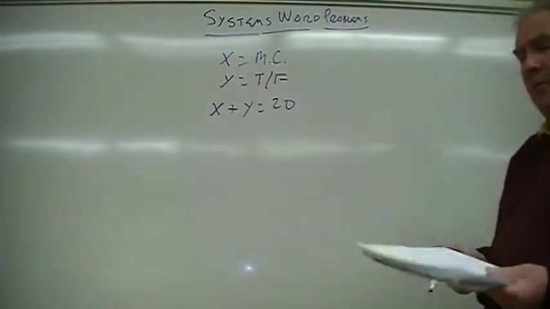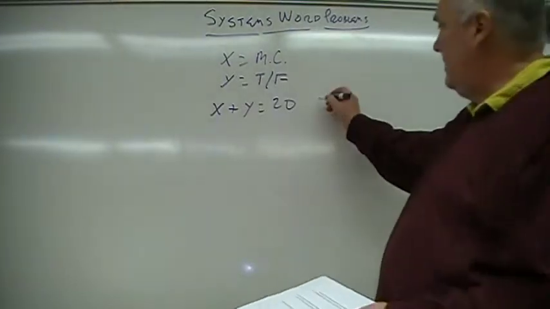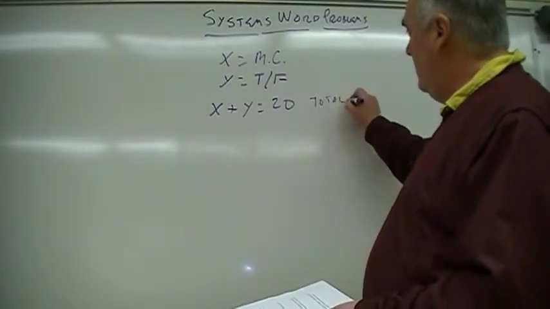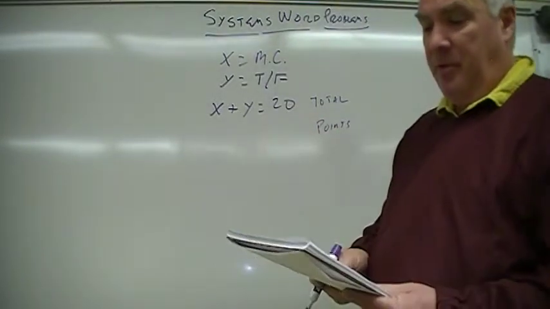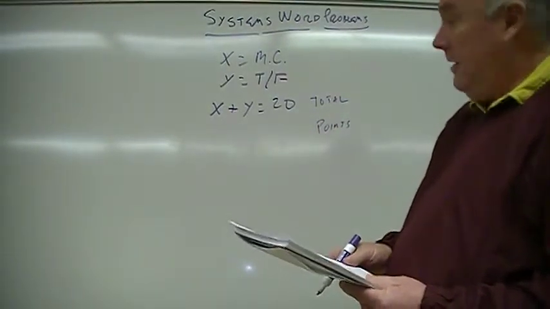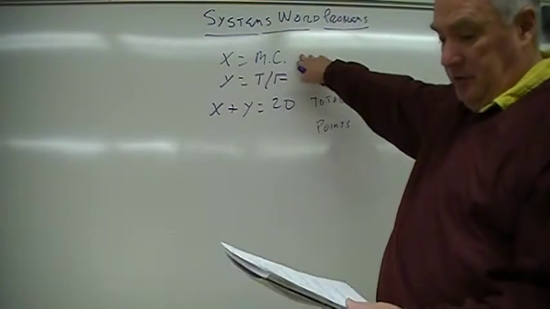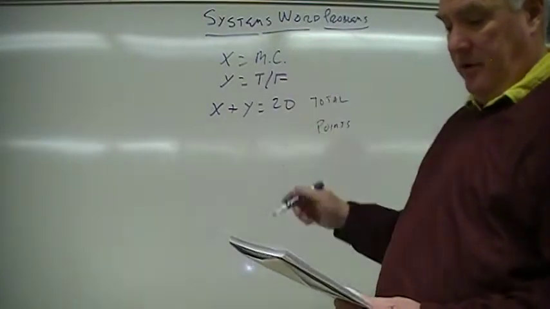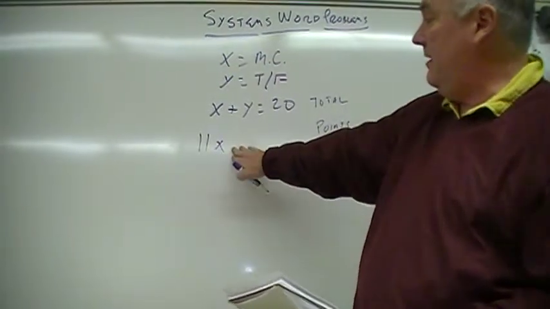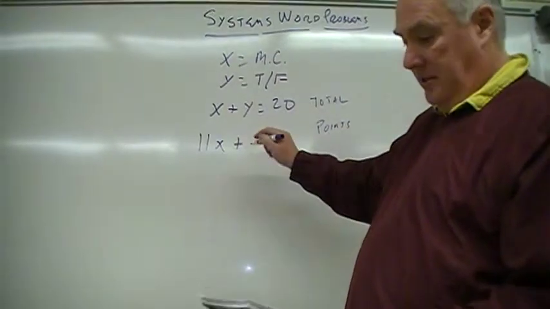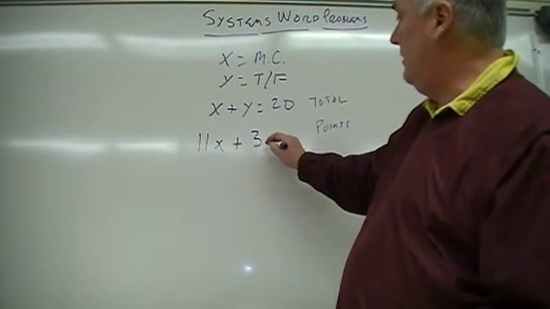Okay, and then we're dealing with points. So points is our next theme. This is the total, and then let's talk about the points. Each multiple choice question, X, is worth 11 points times how many there are, plus 3 points for the true-false.